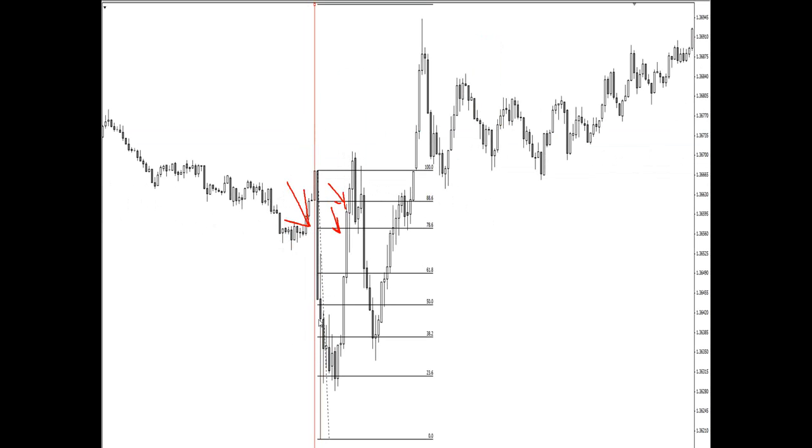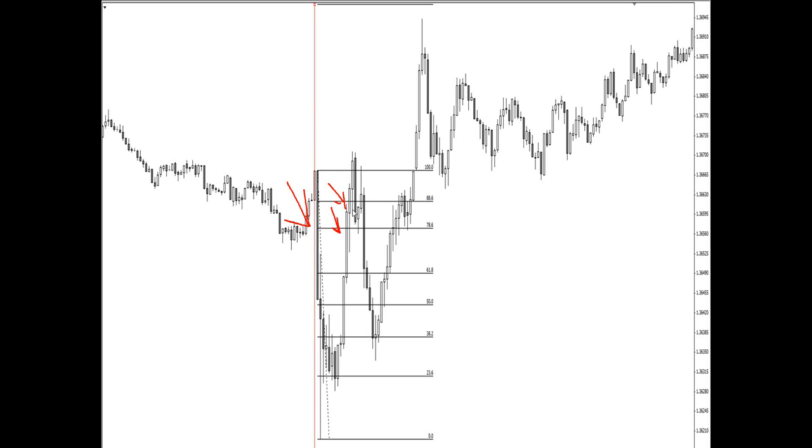Wait for the initial spike to the downside, then for the pullback, and we make entry to the downside because that was the initial spike in that direction. So the spike was to the downside, wait for pullback and make a downside entry, short entry.